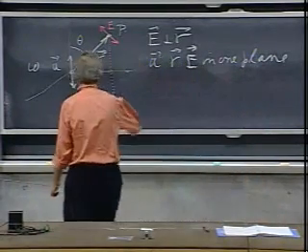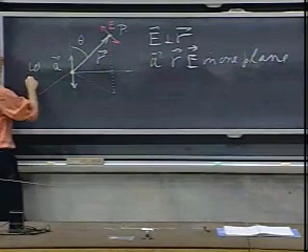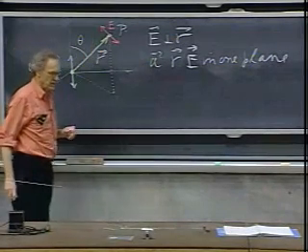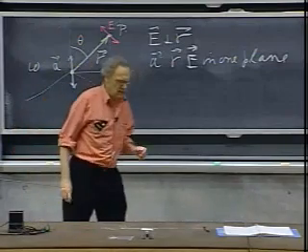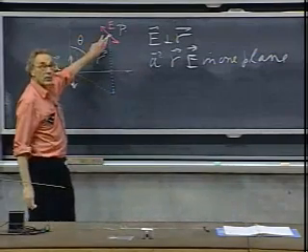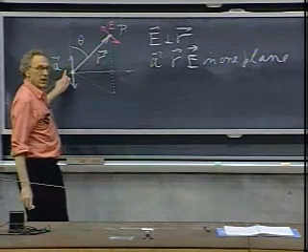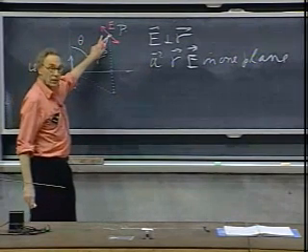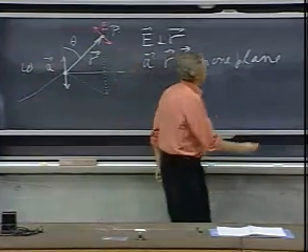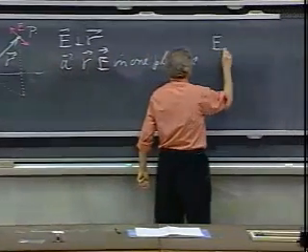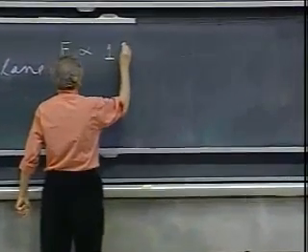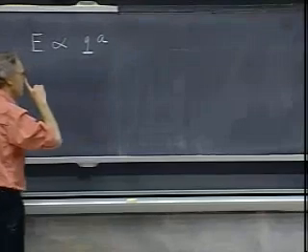So if this is oscillating with angular frequency omega, then this electric field will also be oscillating with that angular frequency omega. If you double the charge, the electric field will double. If you double the acceleration, the electric field will also double. That's reasonably intuitive. So the electric field strength is proportional to the charge that you oscillate and to the acceleration.